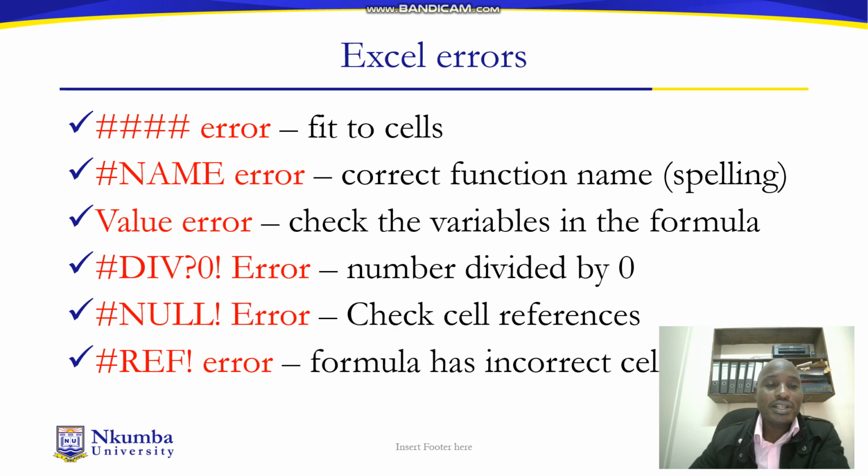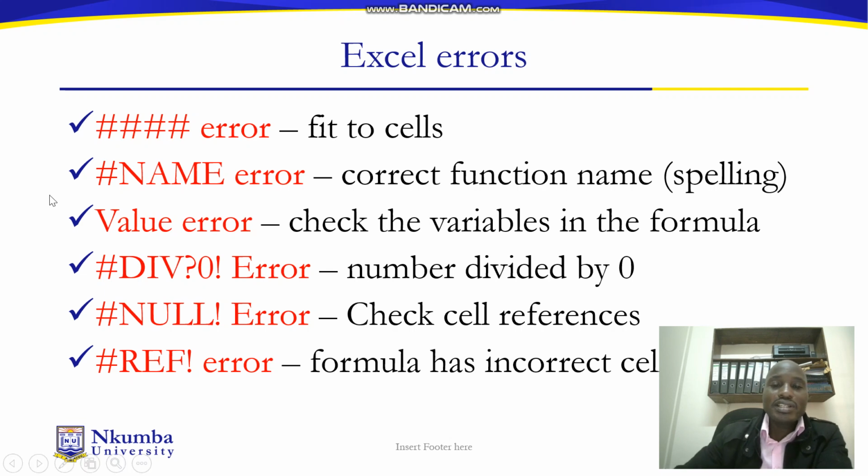And we have the name error. Name error means correct the spelling of your function name. It means there's a problem with the function name. So instead of writing the word SUM, S-U-M, you may write S-A-M. There you are making an error and it returns a name error.